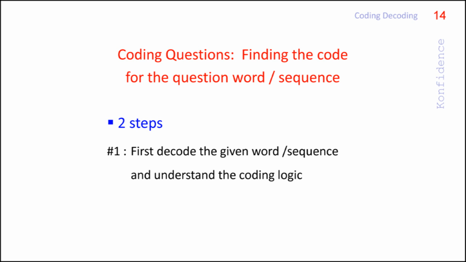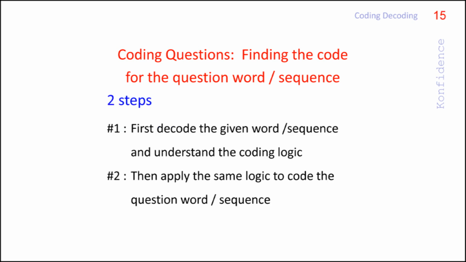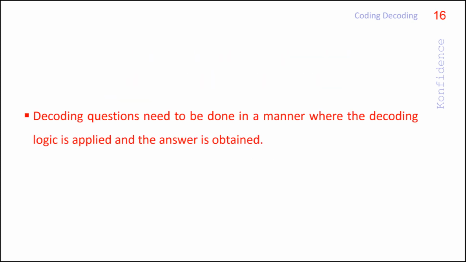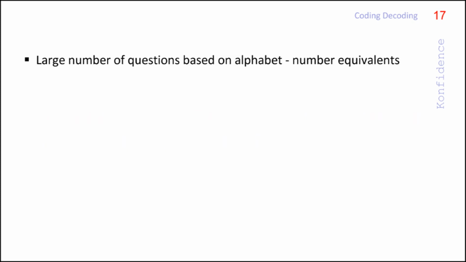The student will have to find out how the sequence has been coded. The logic that leads to the code needs to be understood. Then the same logic needs to be applied to another sequence so as to reach the required code. Decoding questions need to be done in a manner where the decoding logic is applied and the answer is obtained.